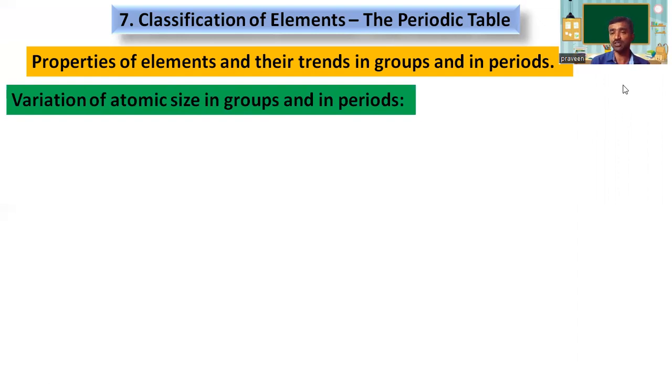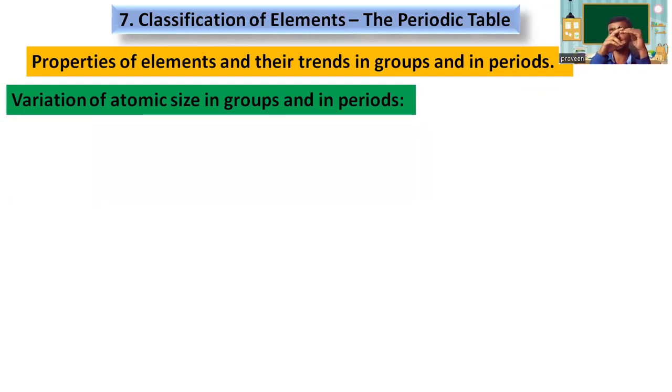The number of shells depends on the atomic number. Is the atomic number constant for every element? No, it is changing. As the atomic number changes, the distribution of electrons into the various shells also changes. As the atomic number increases, the number of shells also increases.